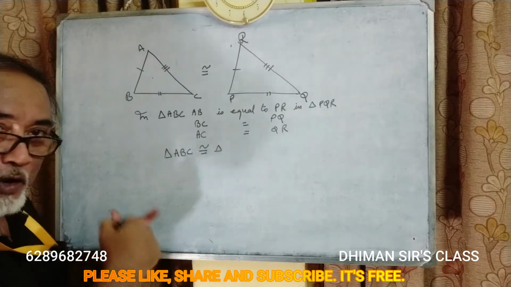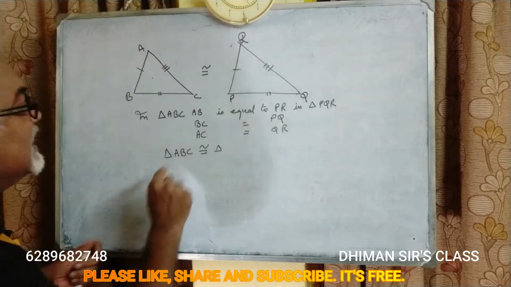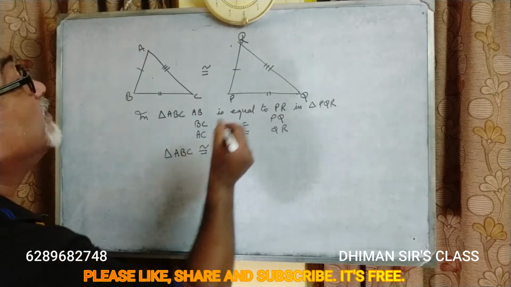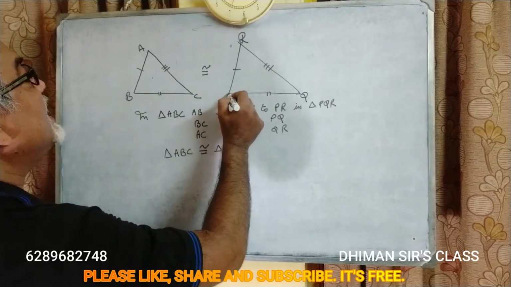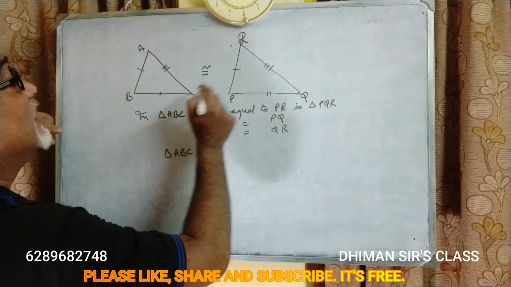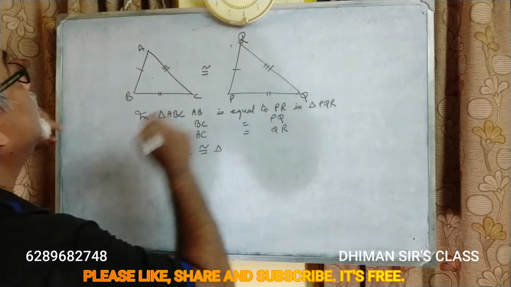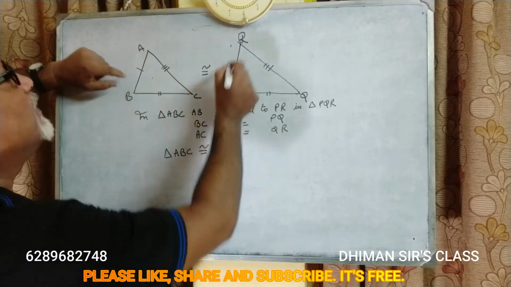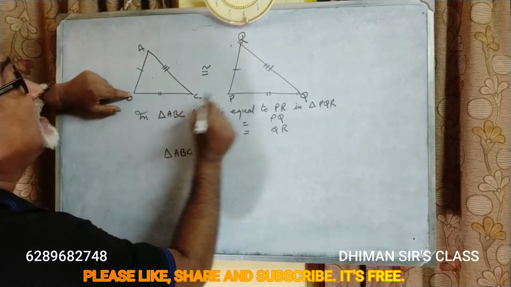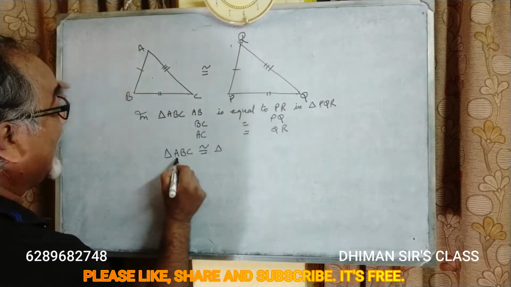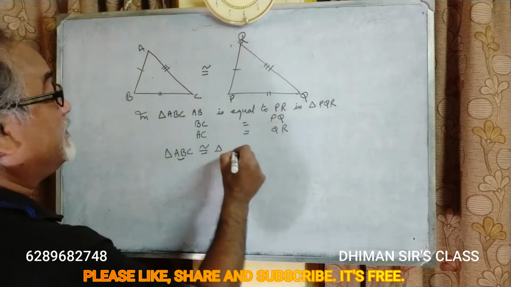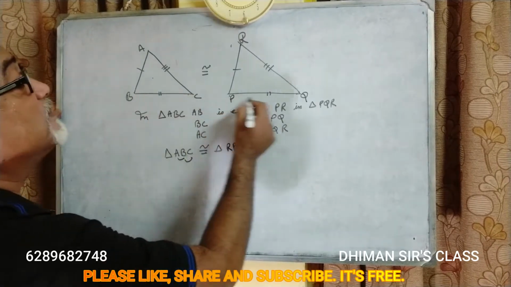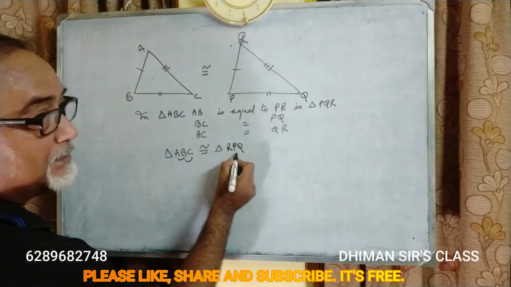The corresponding sides you have to see. AB is equal to PR. So we will have to start with RP. See, AB corresponds to RP or PR. So if we start from RP, then BC is equal to PQ. So AB means RP and BC is PQ.